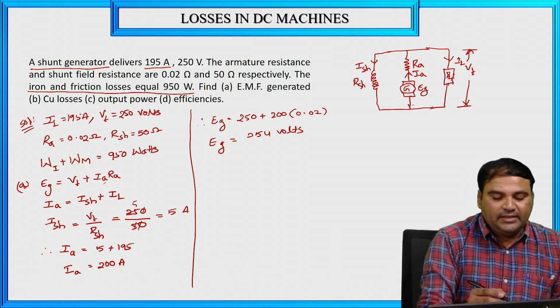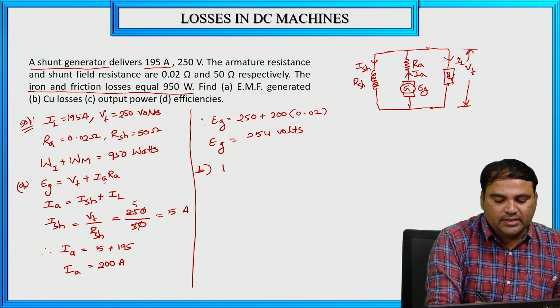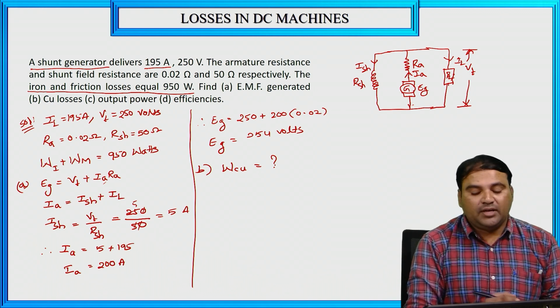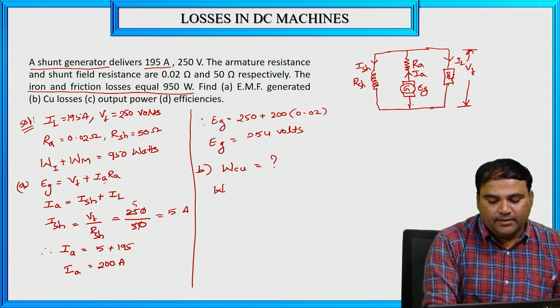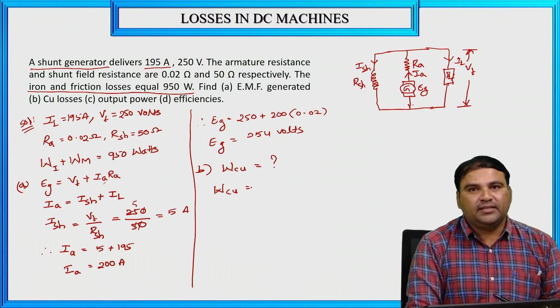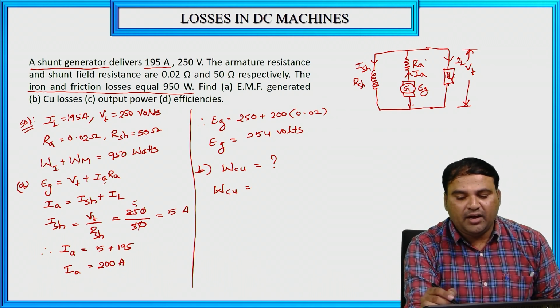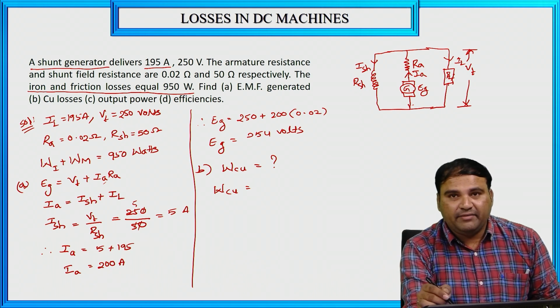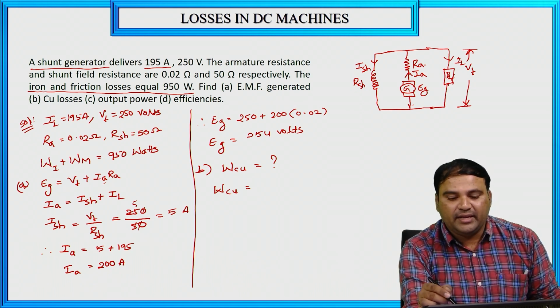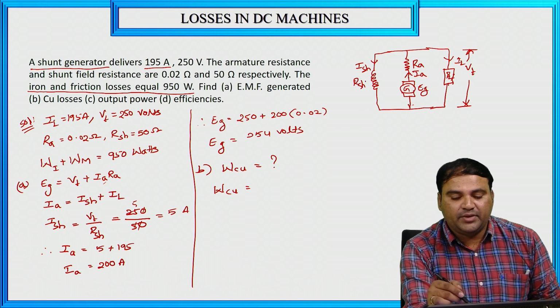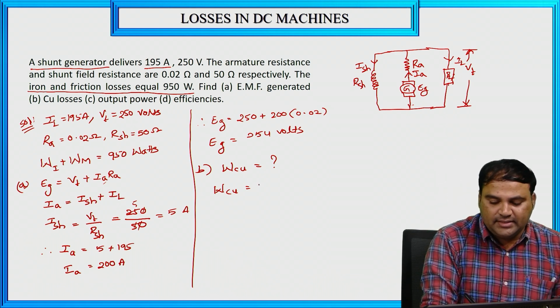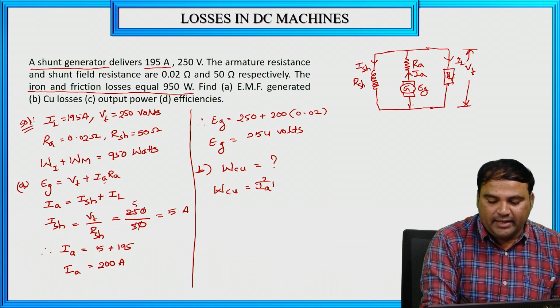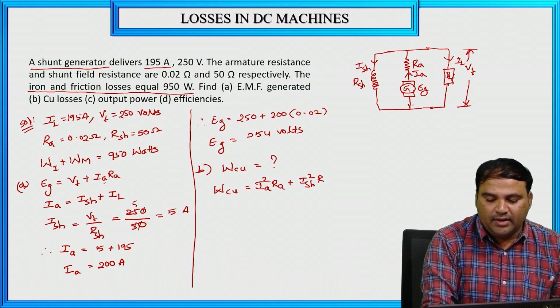Next, second bit is we have to find out the copper losses. We have to calculate the copper losses. So the copper losses equation is, this is a shunt type generator. In this shunt type generator, we are having the armature winding and shunt field winding. That means the equations are IA square RA is one equation, another equation is ISH square into RSH. So we write IA square RA plus ISH square into RSH.